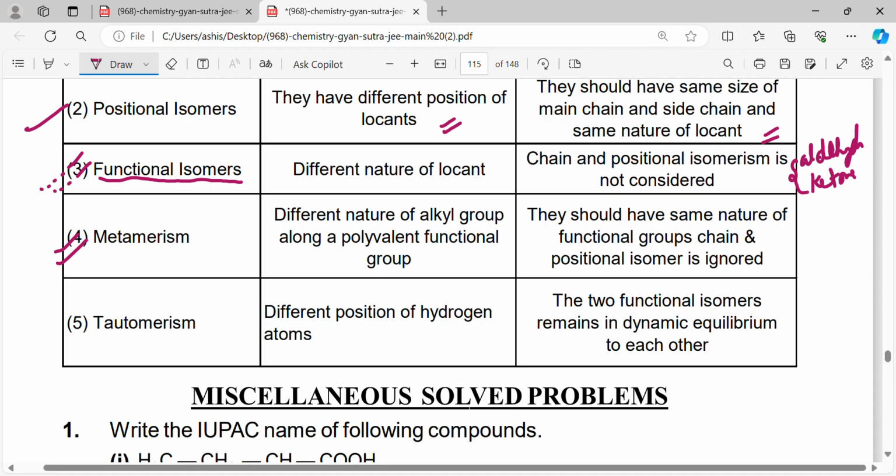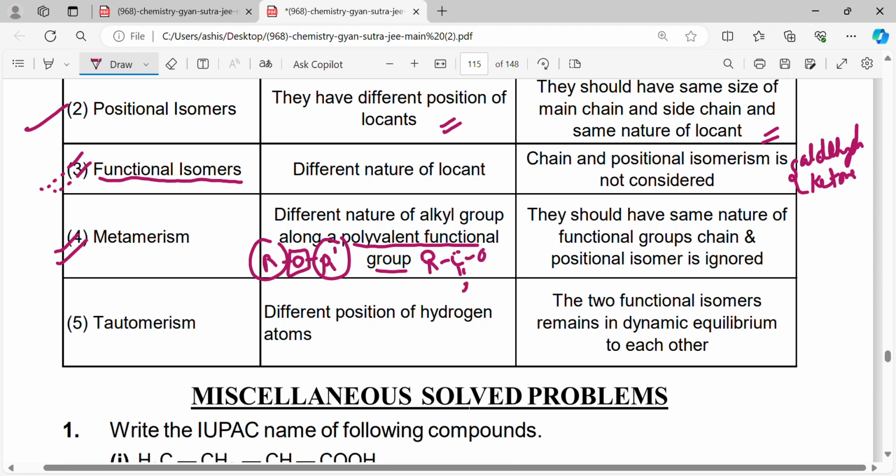Then metamerism. In metamerism, there may be different nature of alkyl group along a polyvalent functional group. Means a polyvalent functional group should be there. For example, ether, R O R dash. Now that O is working as a polyvalent group. If both R dash and R are different in two different compounds, then they will be metamers to each other.